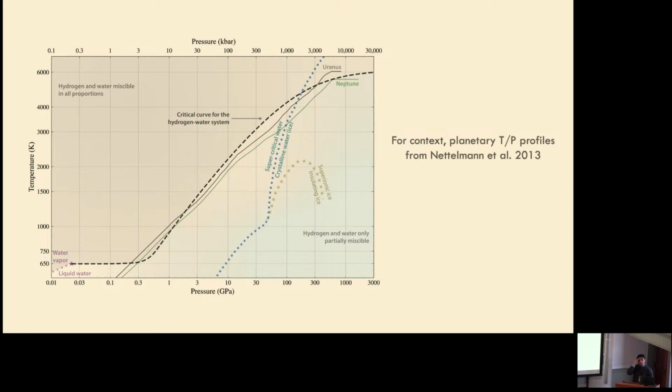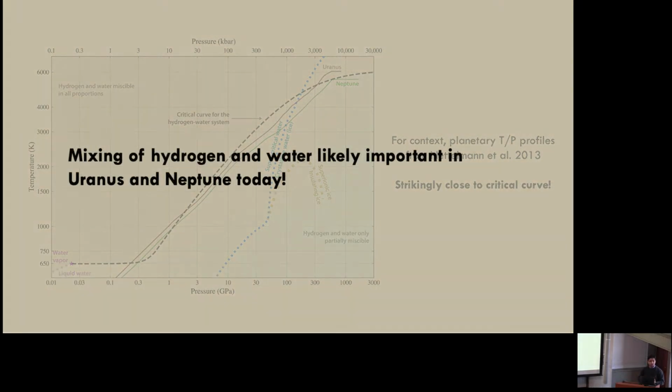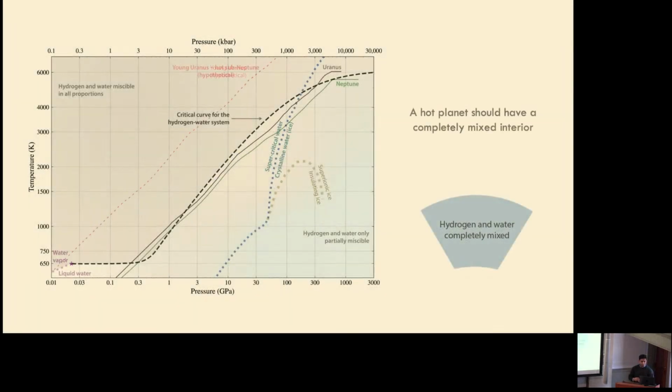For context, here are the Neptune and Uranus temperature-pressure profiles from Nettelmann et al. 2013. And something interesting is that they're strikingly close to each other. And that tells you that mixing of hydrogen and water is likely very important in Uranus and Neptune today. I'm not going to go into more details about this, but this has some very intriguing implications for their evolution and what could be happening on these planets today.